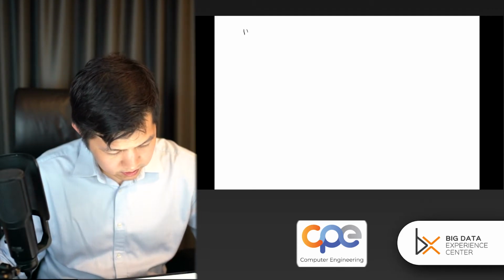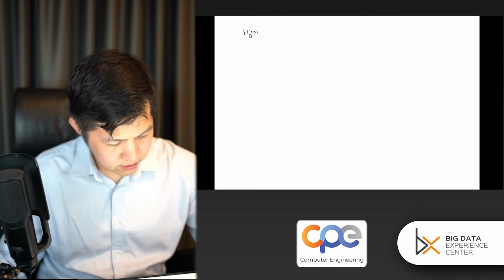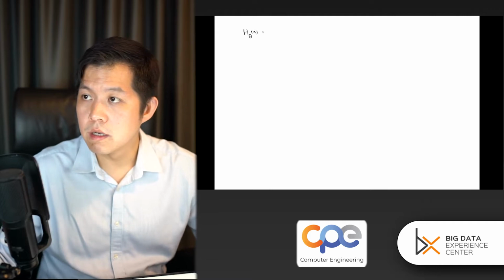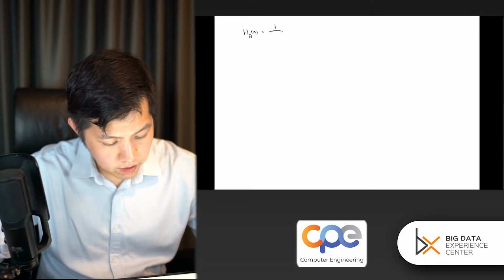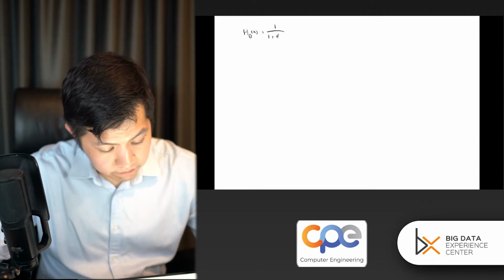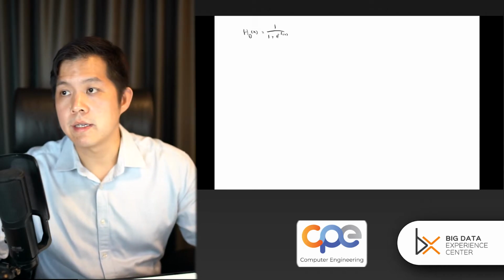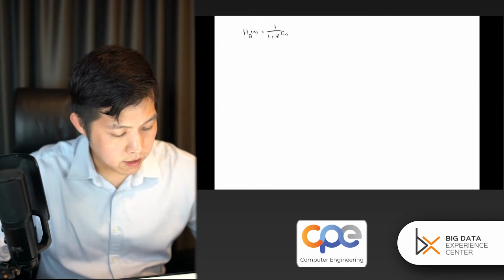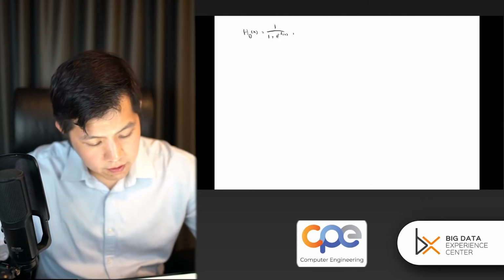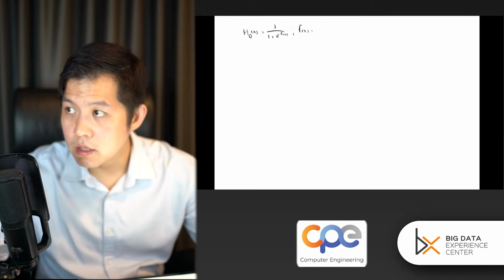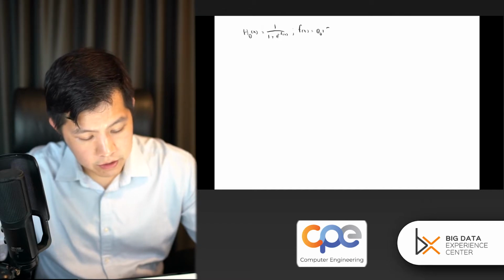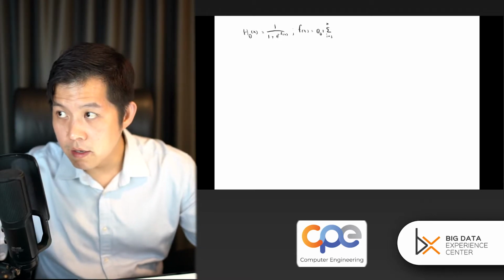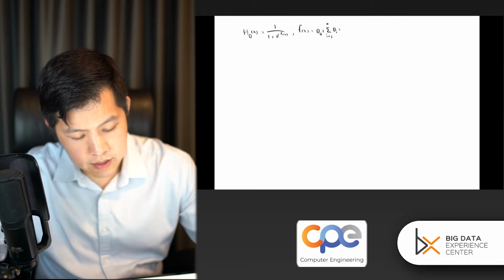All right. We have h theta x equals 1 over 1 plus e to the minus f x. Then, we know that f x equals theta 0 plus the summation of i equals 1 to n of theta i x i.